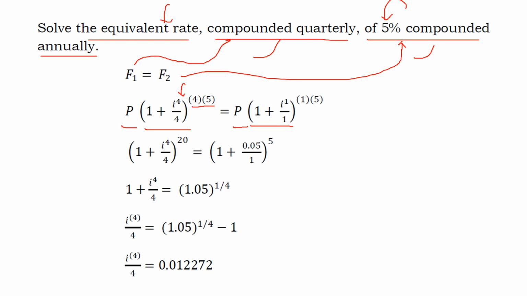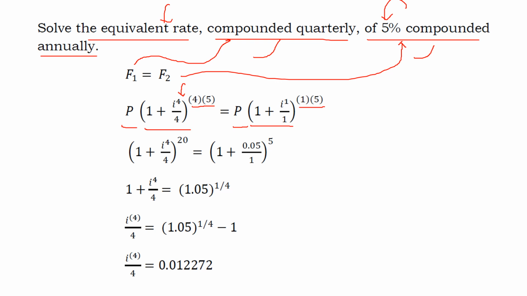That's why we multiply the conversion period 1 by 5 because it is already compounded annually. That is 1 multiplied by 5. So as we simplify, we can cancel your P for both sides. If we divide both sides by P, we can cancel out your P both from the left side and right side of your equation.